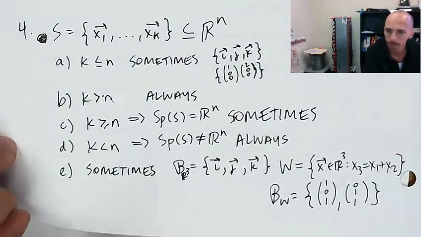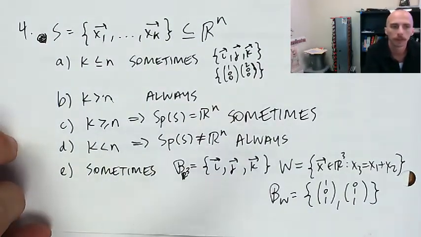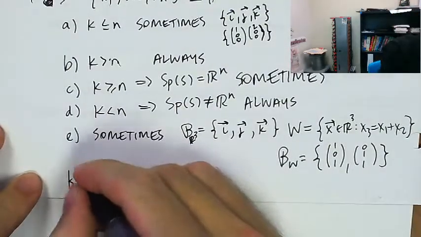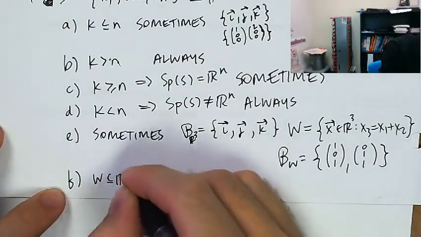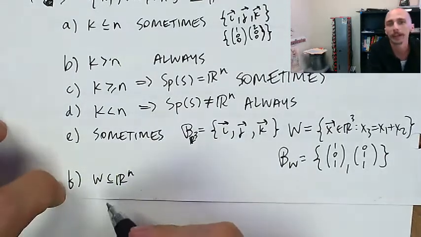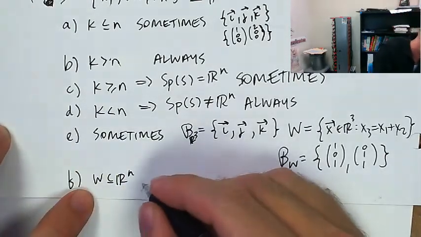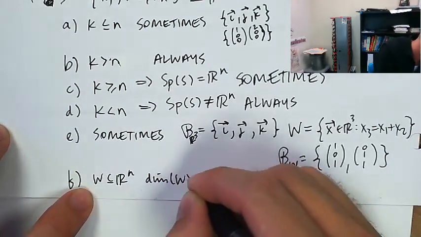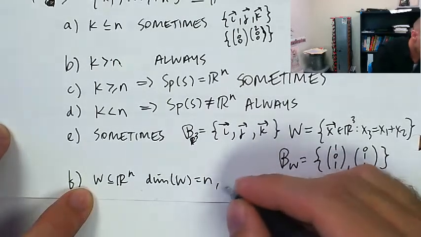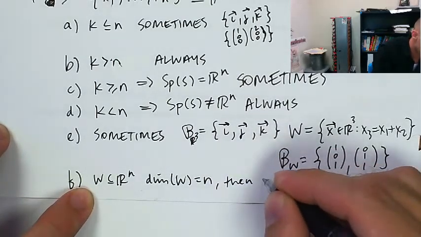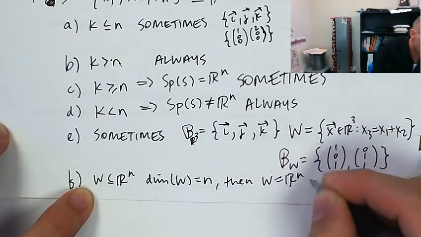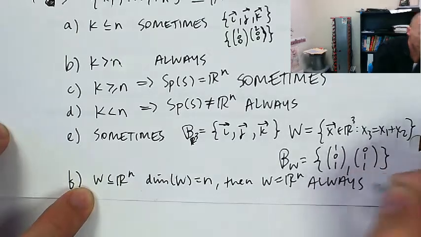All right, F. If W is a subset of Rn, and W is a subspace, and the dimension of W equals n, then W equals Rn always.